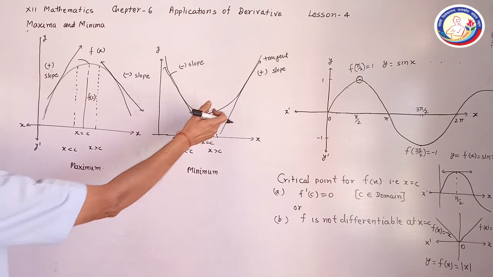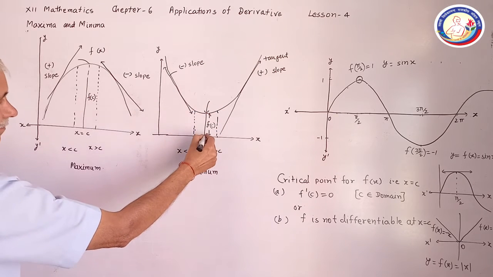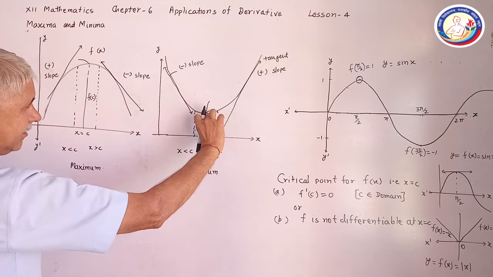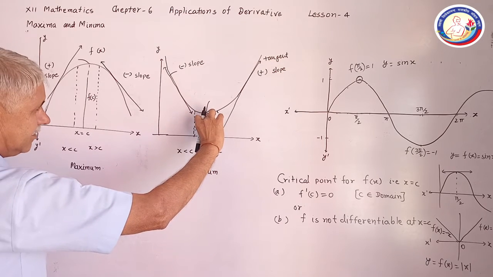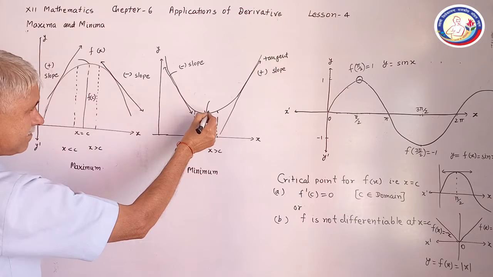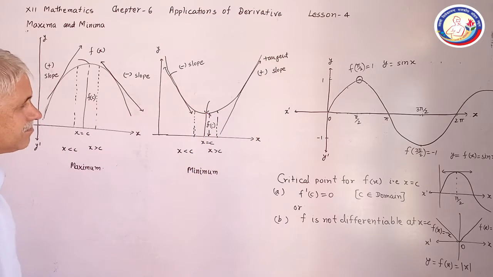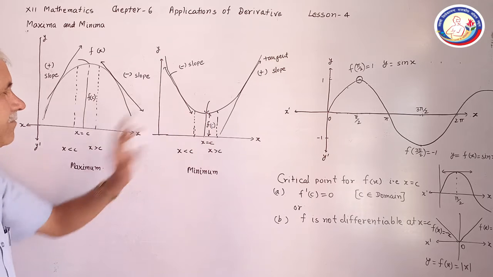Similarly, here is another function. Here at x equal to c we have this height, the value of the function is f(c), and in the neighborhood of c all values are greater than f(c).